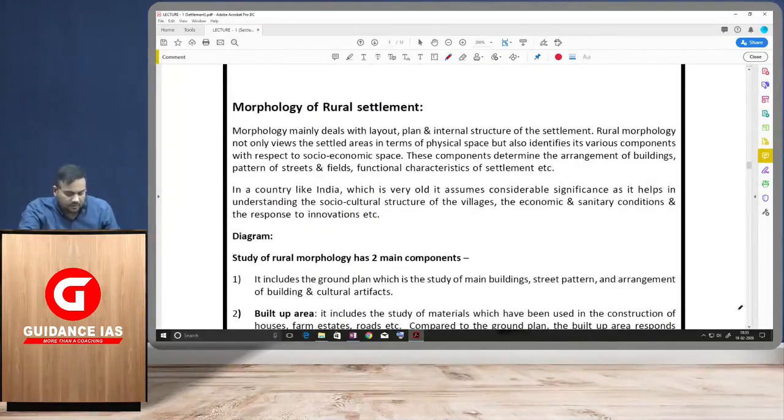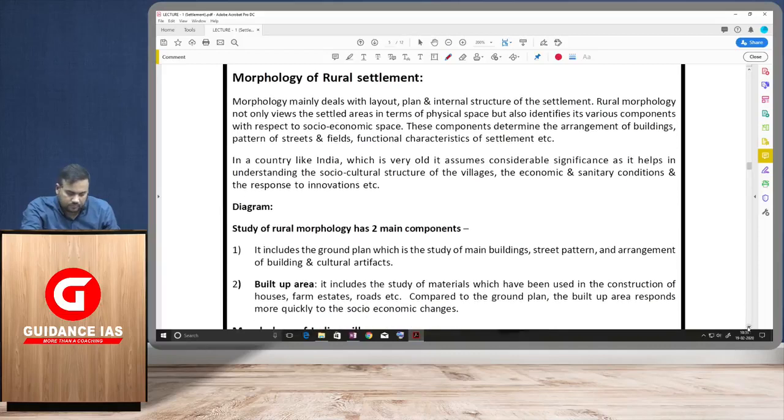Then we come to the next topic, that is morphology of the rural settlements. So morphology, as told earlier, mainly deals with what? Layout, plan and internal structure of the settlements, how they are formed.